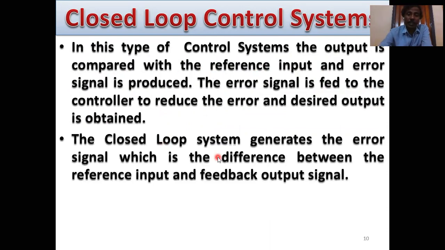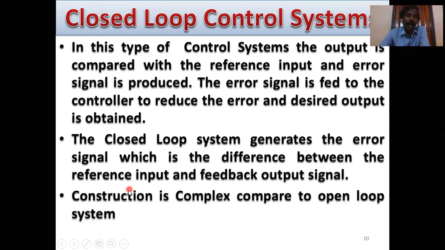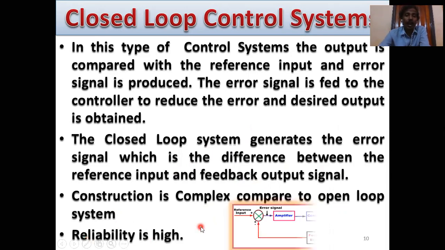The closed loop system generates the error signal, which is the difference between reference input and feedback signal, already discussed. Error signal means reference input r(t) minus feedback signal. Construction is complex compared to open loop systems. Reliability is high for closed loop systems.